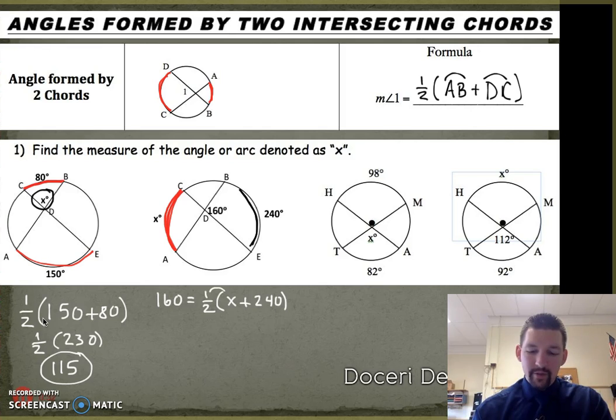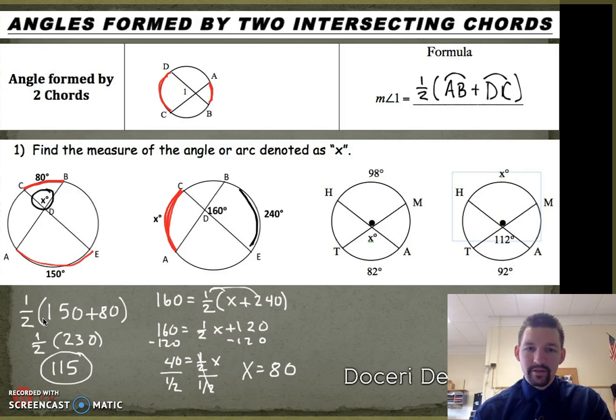If I distribute that 1/2, I end up with 160 equals 1/2 X plus 120. And then I solve this like an equation. So I'm going to subtract my 120. And then I'm going to multiply by 2 or divide by 1/2 to get my X equals 80 degrees. So that arc measure would be 80 degrees.